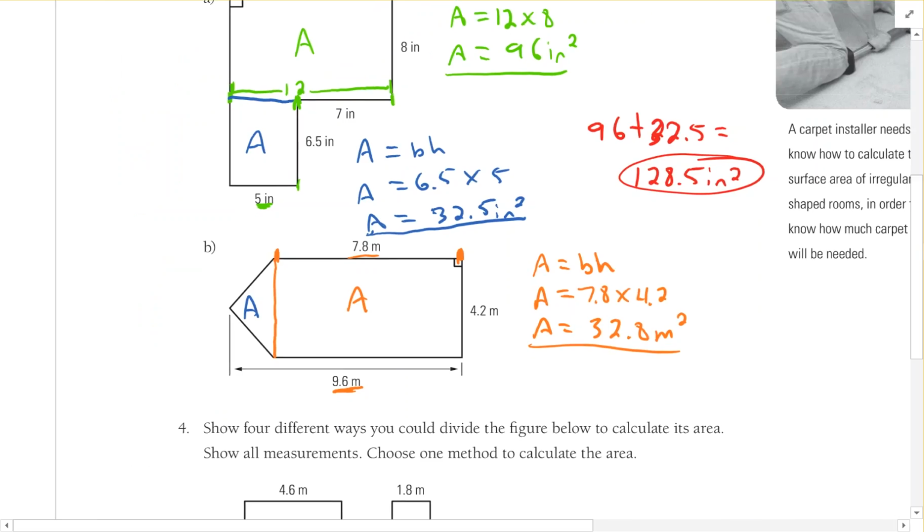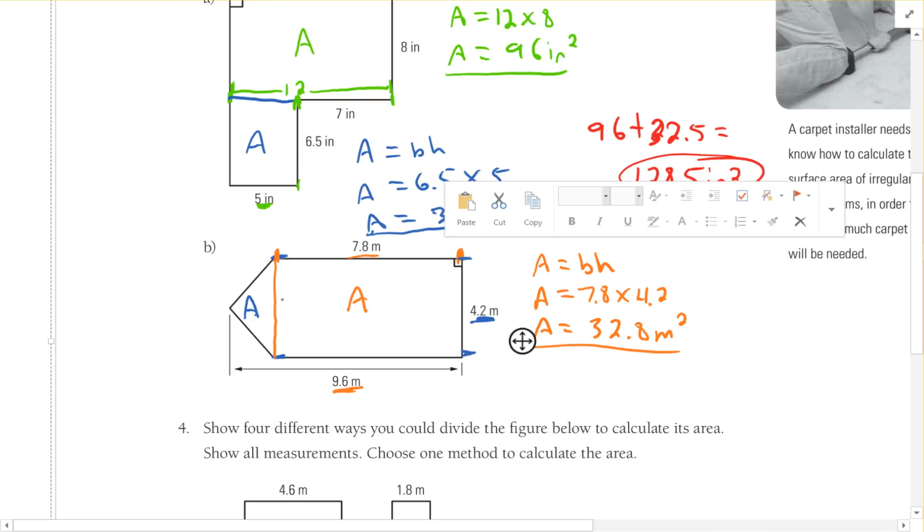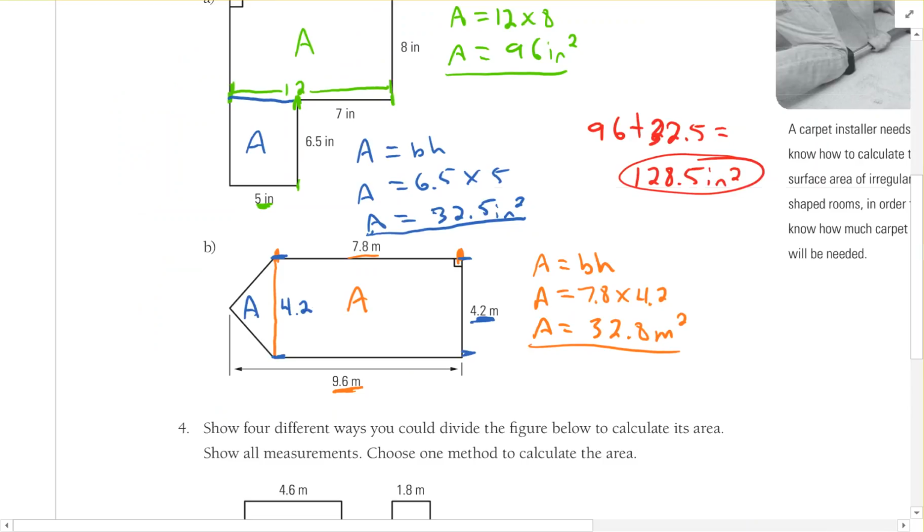Now we've got to figure out what the area of this triangle is over here. So I can see that 4.2 is the distance from there to there. So that means that's also the distance from there to there, right? So I can say that this is 4.2 meters. And now I just need the height for my other part of my formula, from there to there. Well, how do we figure that out? Well, I know that the bottom here is 9.6, the whole thing from there to there.